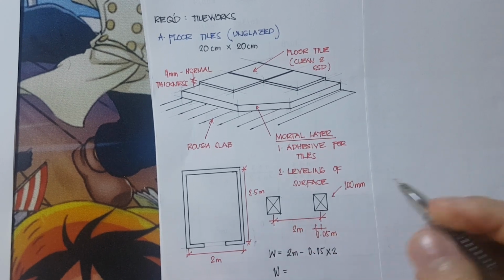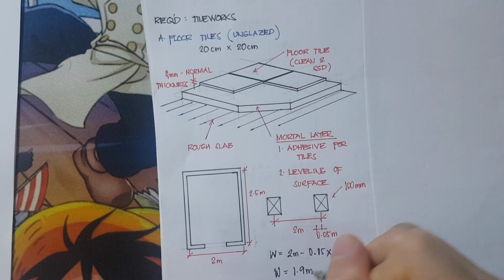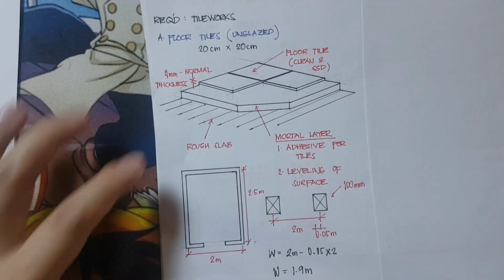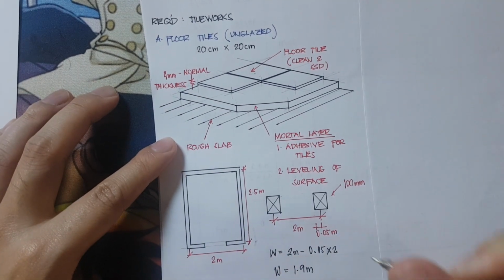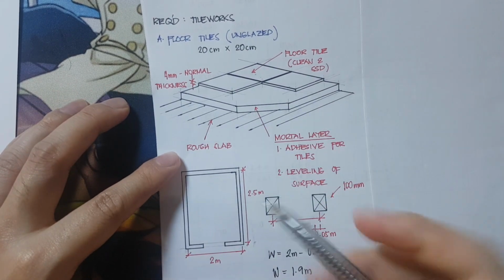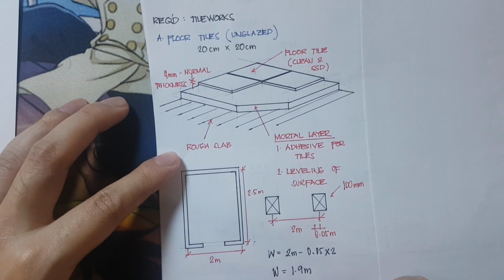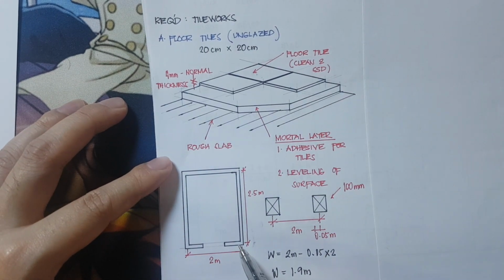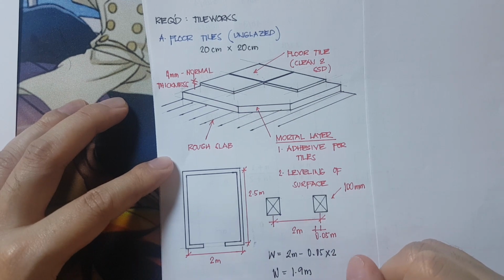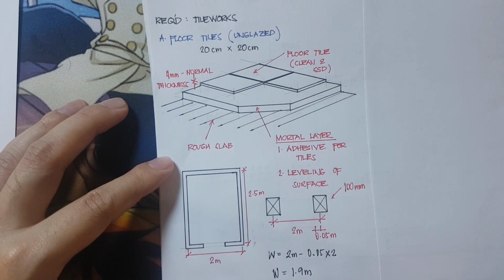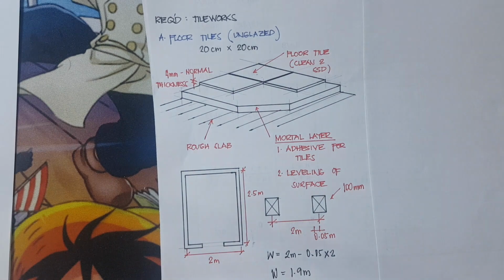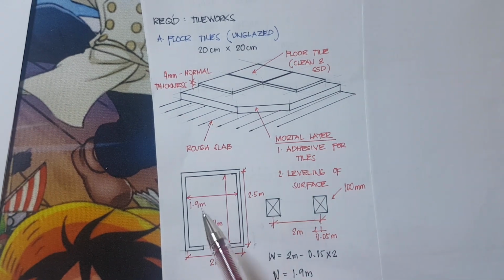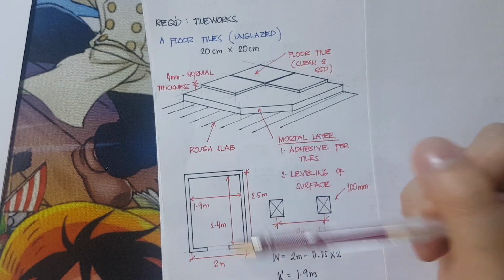Therefore, the width is equivalent to 1.9 meter. Next is for the length. The length is equivalent to 2.5 meter on center distance minus 0.05 minus 0.05. Okay? Therefore, the effective length would be 2.4 meter. Okay, so gagamitin natin is 1.9 meter by 2.4.